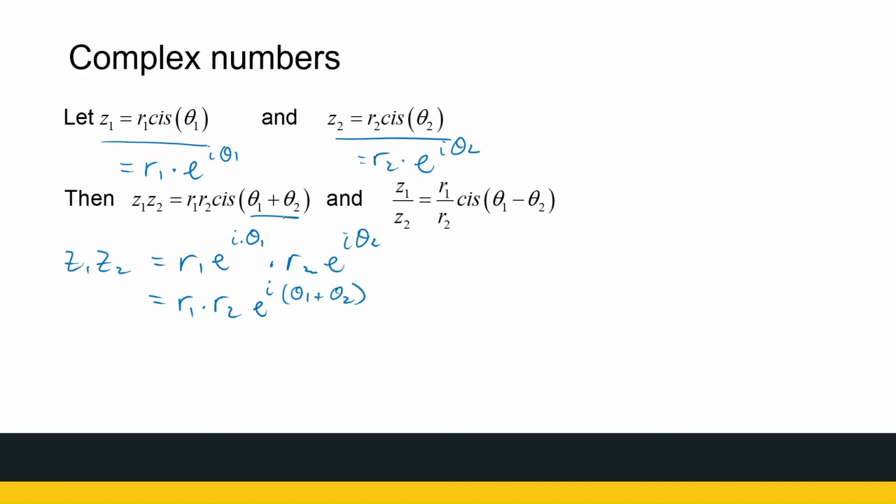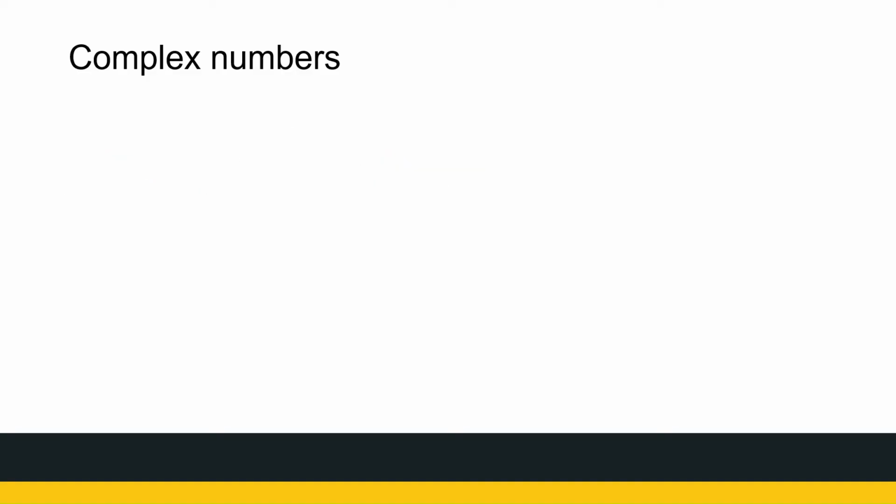So that's a nice way to show it. So if we write that back into polar form, we get r1 r2 times cis theta 1 plus theta 2. And similarly for division, r1 divided by r2, and we subtract the angles as we do subtract exponents. All right, so let's see how this is going to help us. This is leading to what is called de Moivre's theorem, but let's get started with just a small thing.